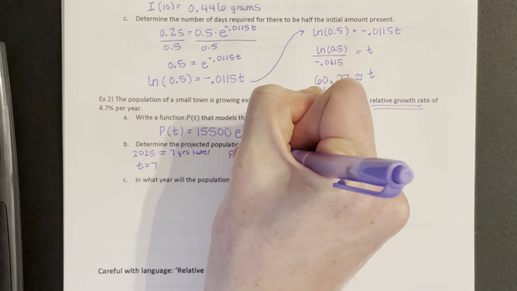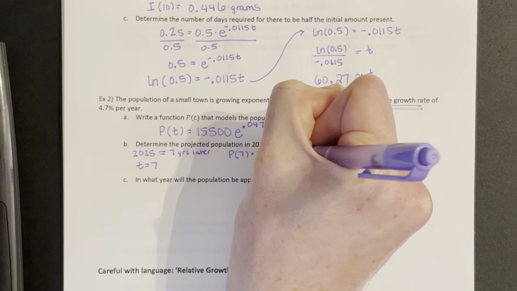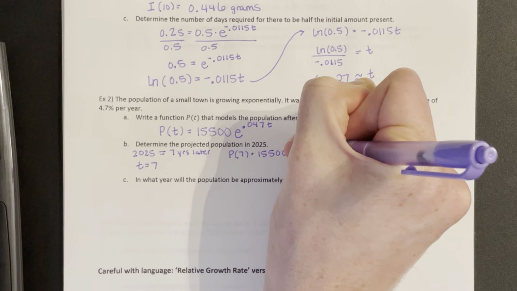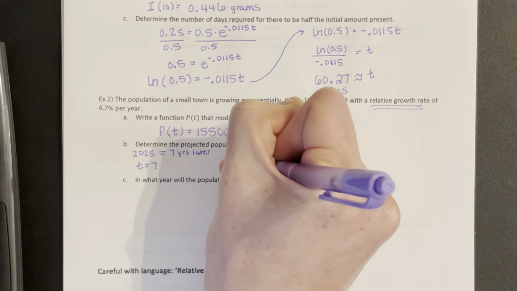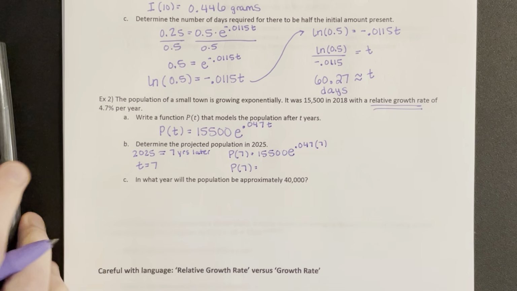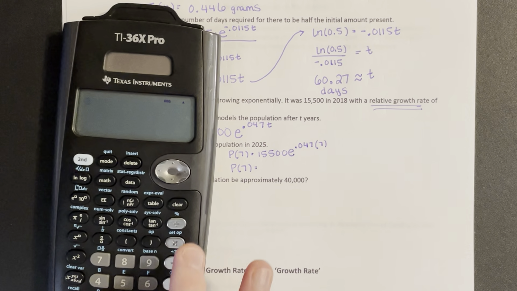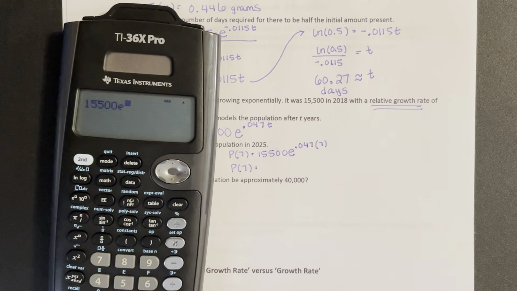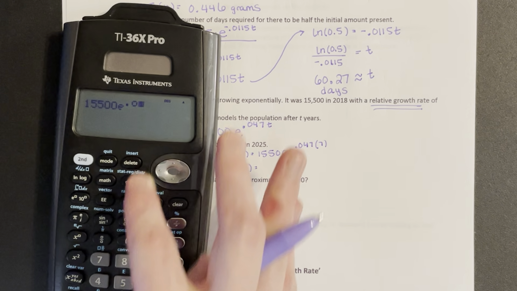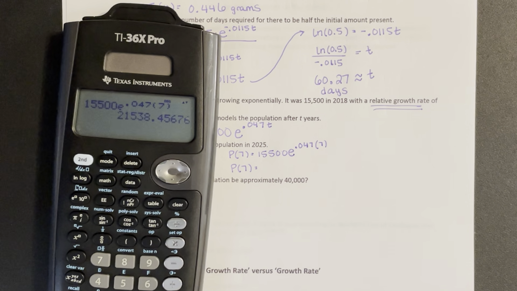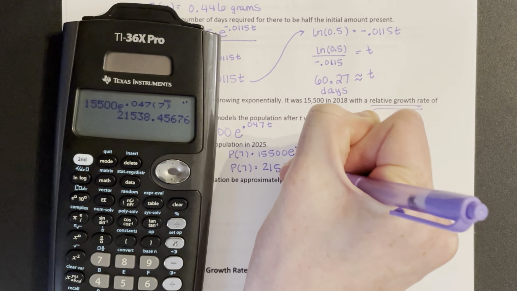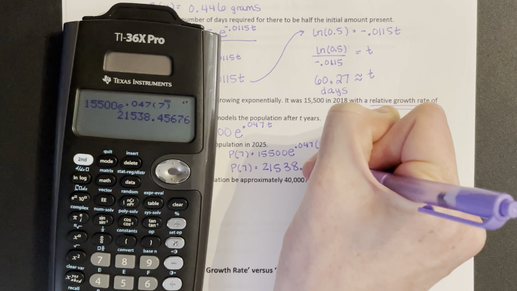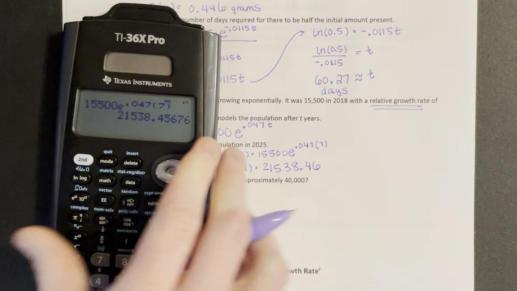P of 7 would equal 15,500 e to the 0.047 times 7. So 15,500 e to the 0.047 times 7 is roughly 21,538.46.